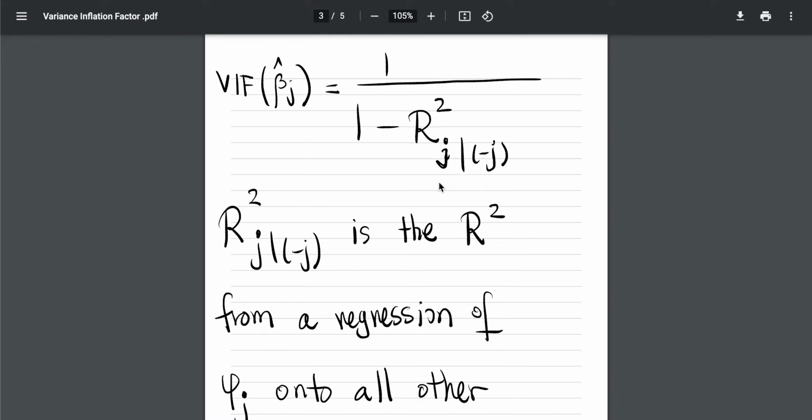And if the R squared is large, that shows that there is a linear regression model that can capture the variability in the jth predictor based on the rest of them. So that's collinearity. Okay.